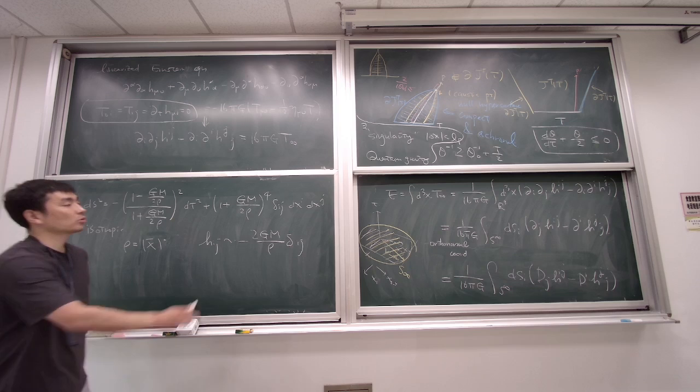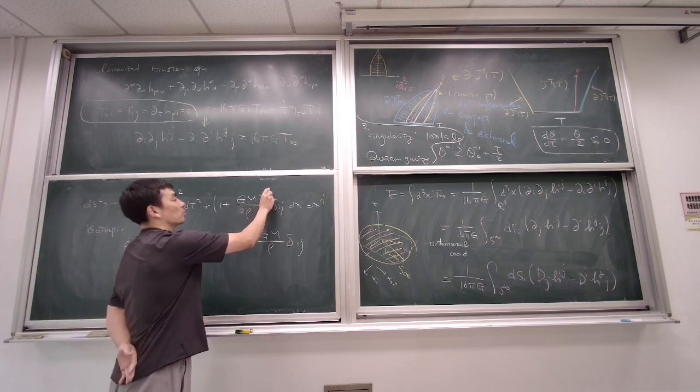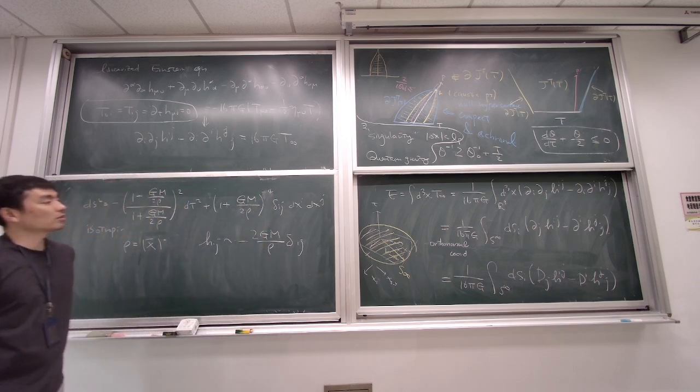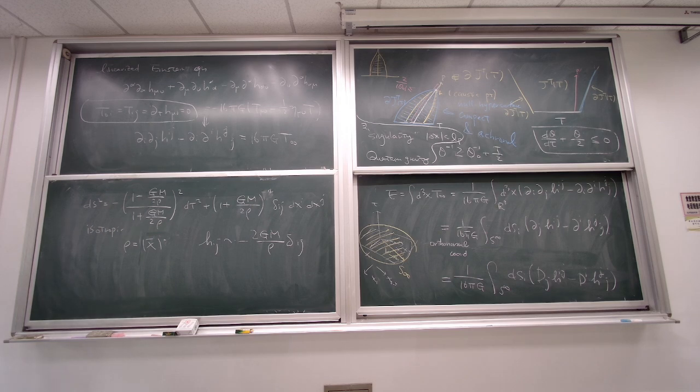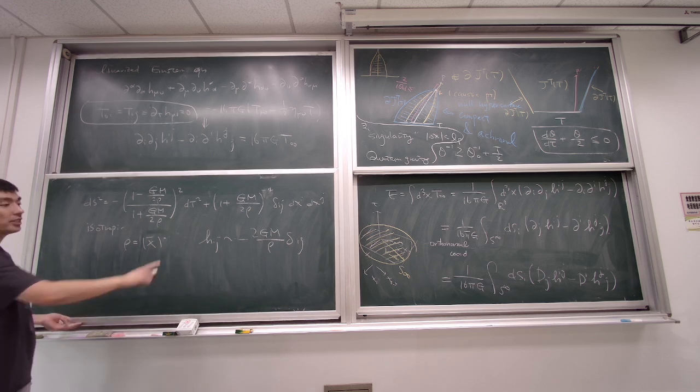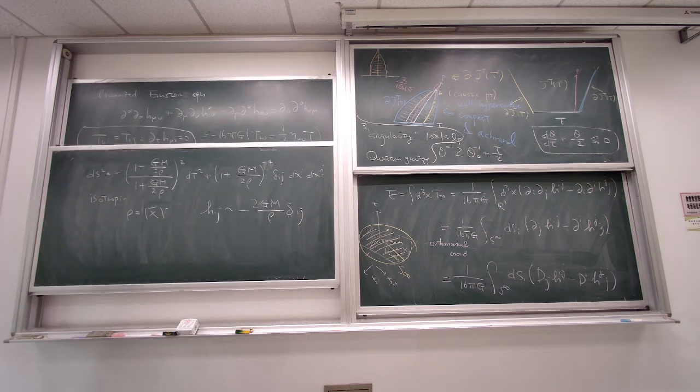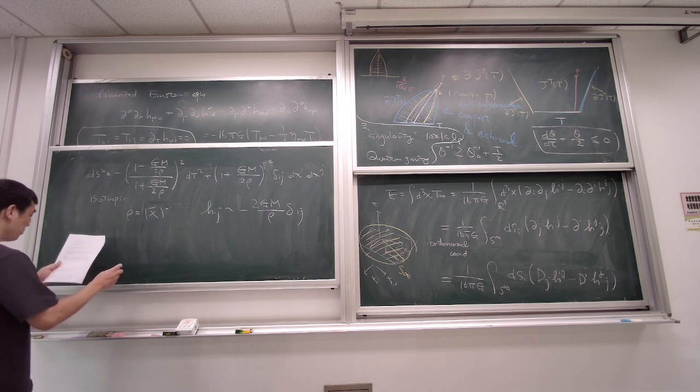It should be minus 4. Then it's consistent, right? I hope I'm not mistaken. Then if you write it down this way, so the h_ij is like this. I'll check this one. This part I will really rush.